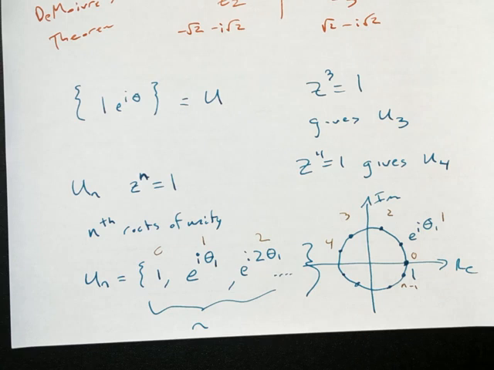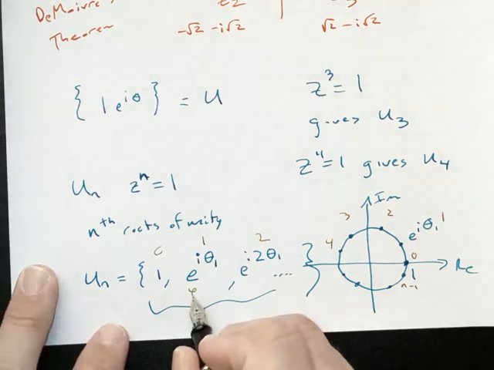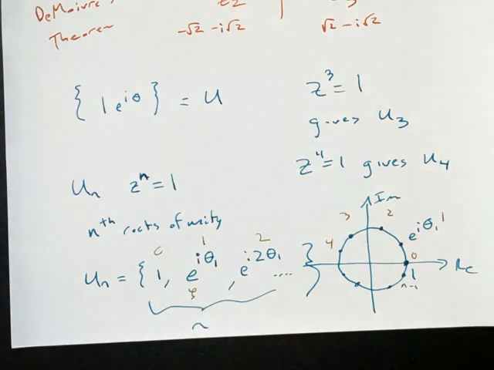The textbook actually gives this first one a name. They call it zeta. And that is called a primitive root of unity because it's got the smallest non-zero angle. Primitive root.